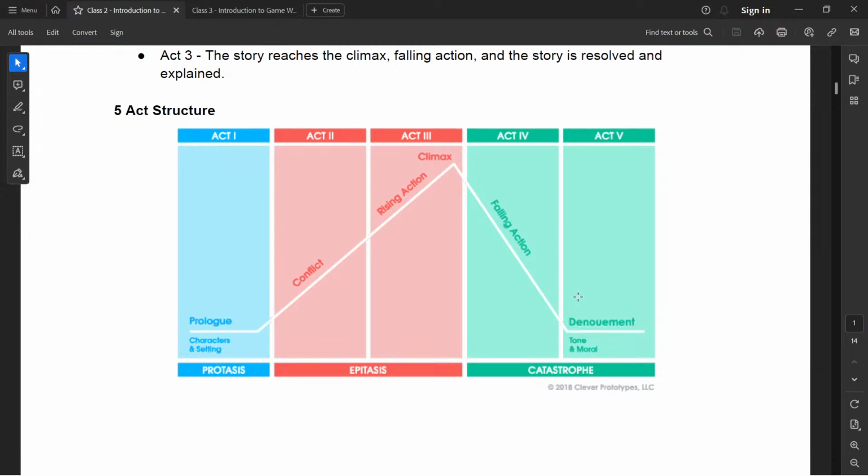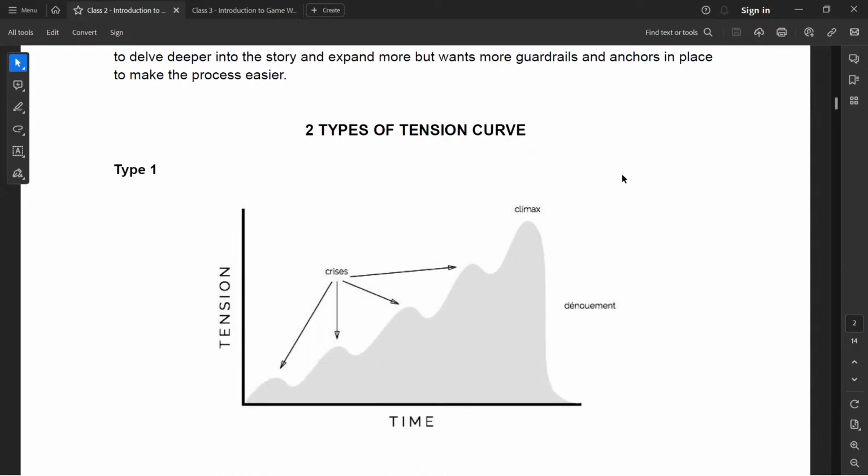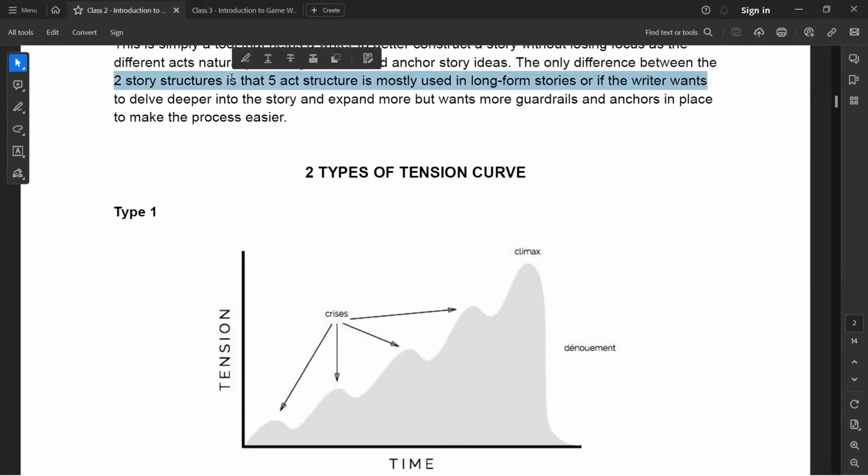It anchors your process of storytelling and allows the writer to make long stories easily. Just think of it as guidelines to better help structure your story. So, as you can see, the takeaway is written here.